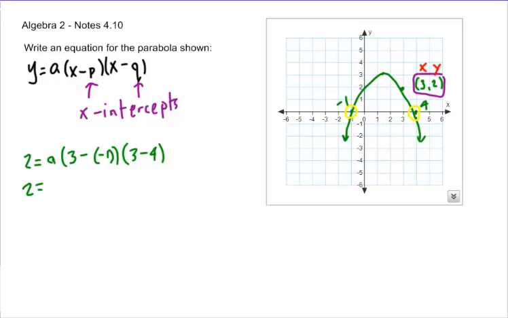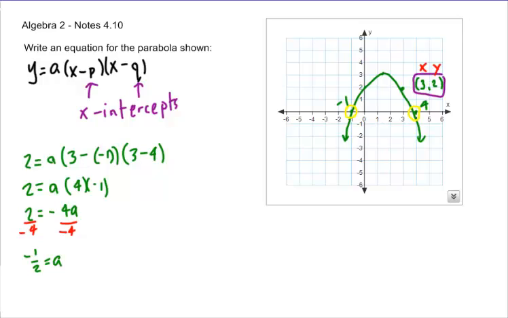So 2 equals a times 4 times -1. And so 2 is equal to -4a. Divide both sides by -4. And a is equal to -1/2.